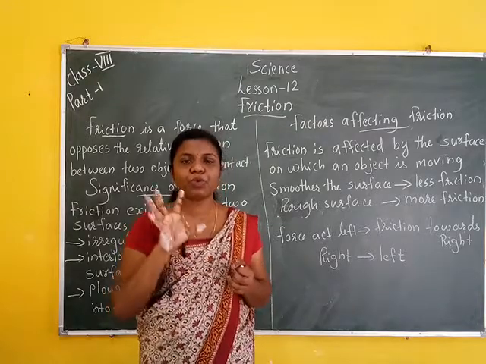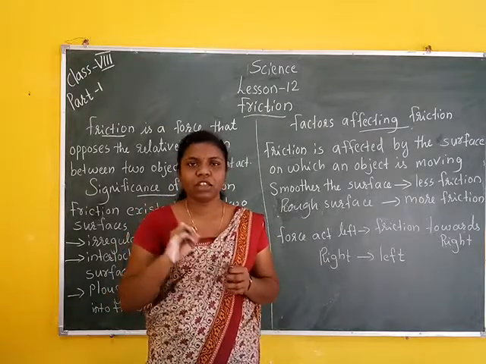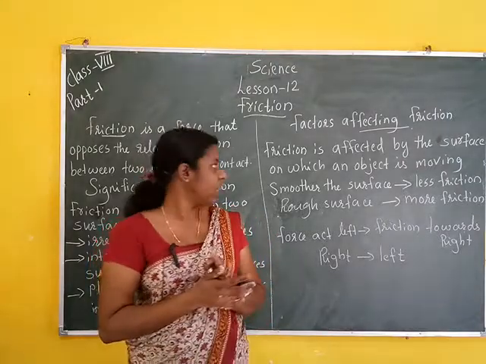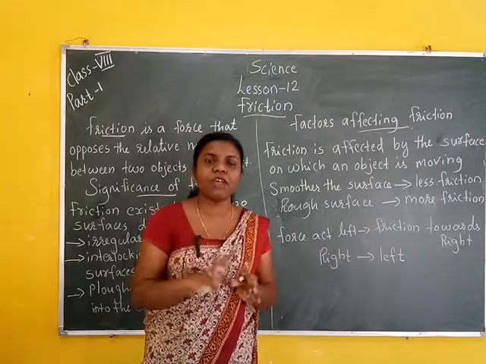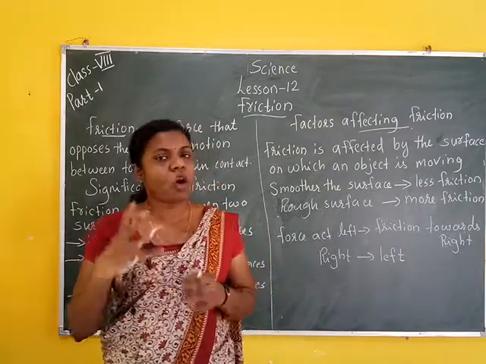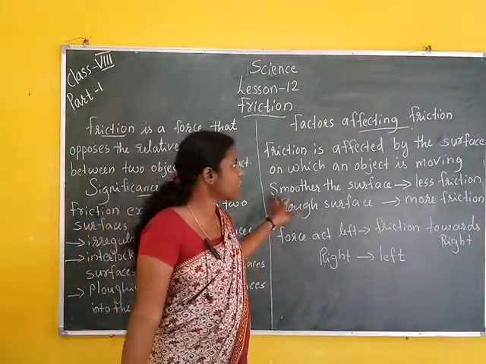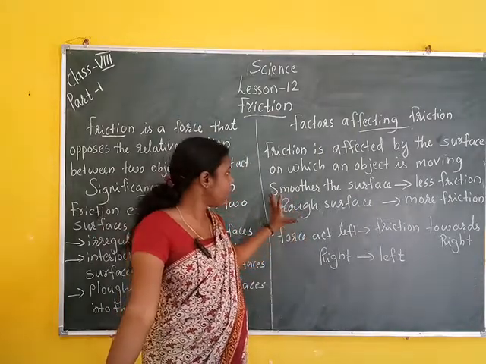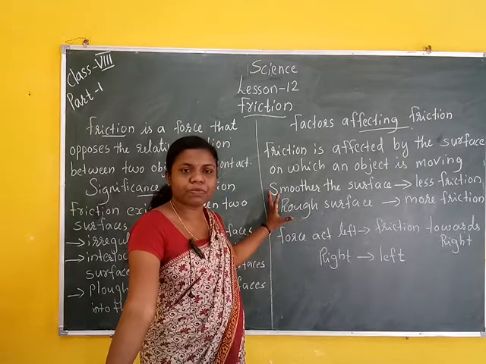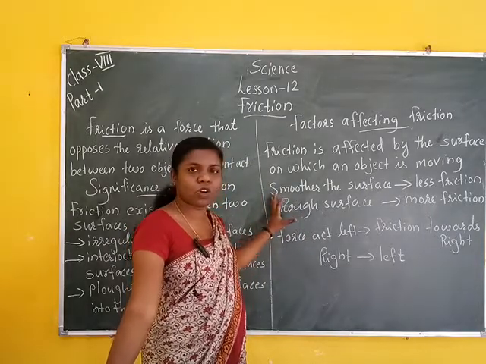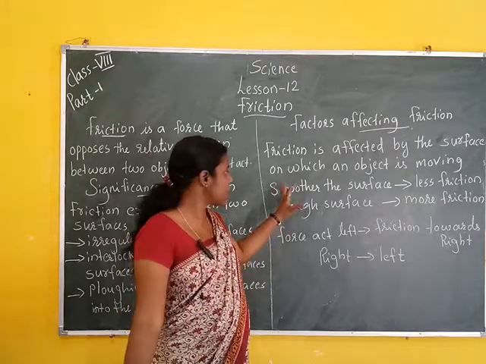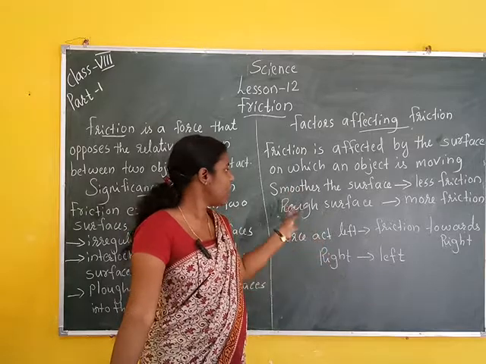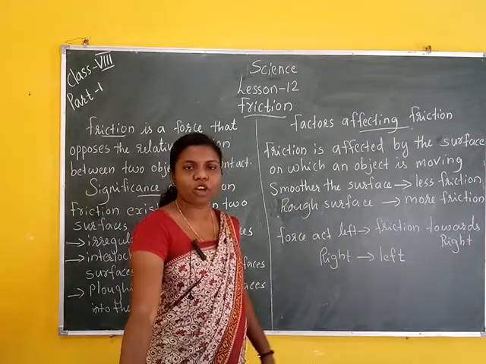Example, if we push a light box, we apply less force against friction. If we push a heavy box, we apply more force. That means friction depends on the surface of the objects. On a smoother surface there is less friction, and on a rough surface there is more friction.